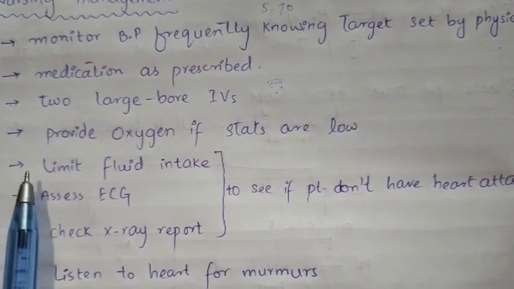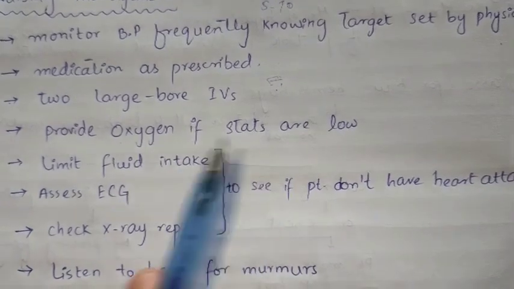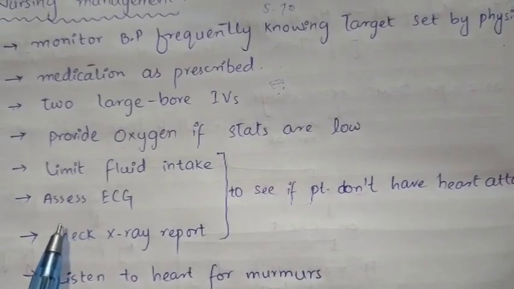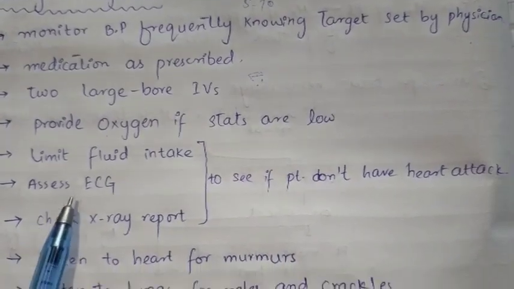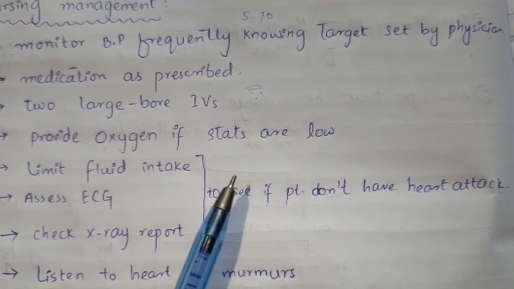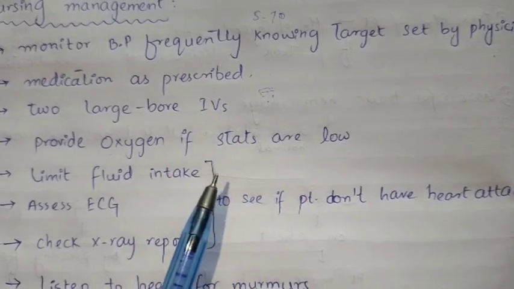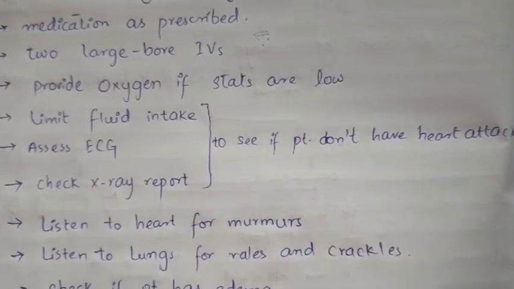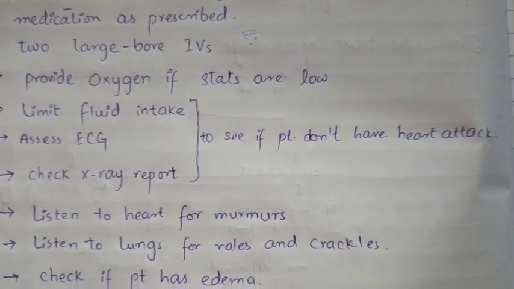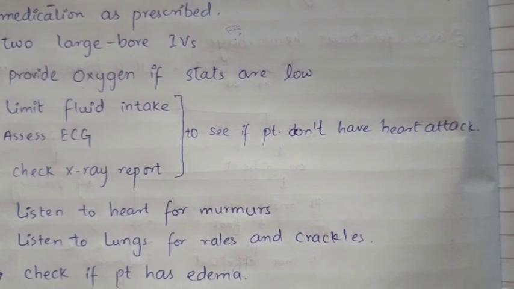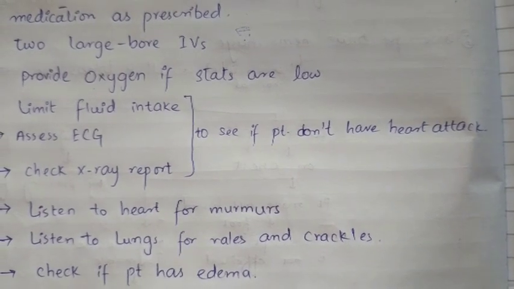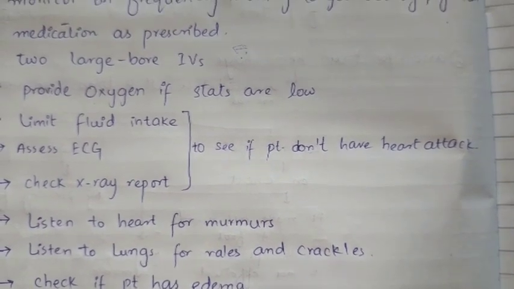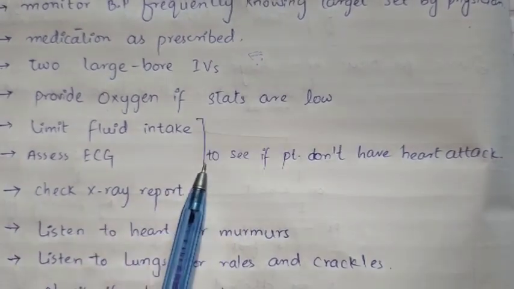Whenever the doctor prescribes any medication, give it, and there will be no hurry at that time. You have to check the oxygen saturation of the patient, and if oxygen is low, then provide oxygen. If high blood pressure hasn't affected the heart and there is no heart attack, you have to limit the fluid intake.